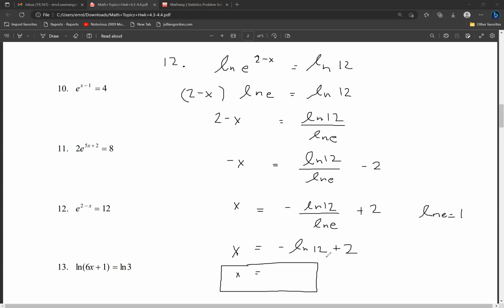Negative ln 12 plus 2 is the answer, whatever that works out to be. They say it says error. Okay, so if it's saying error, that means you're entering it in the wrong order. Let's go to Google Calculator.